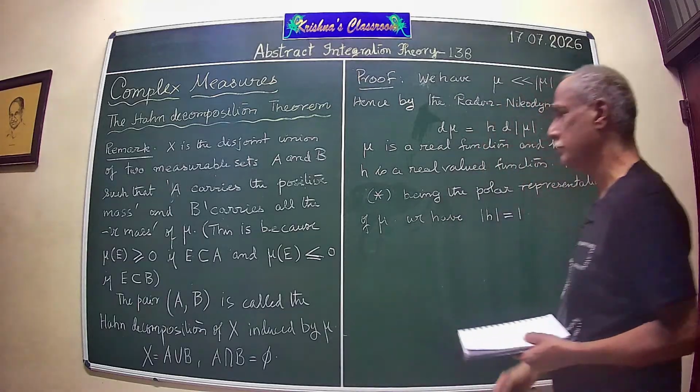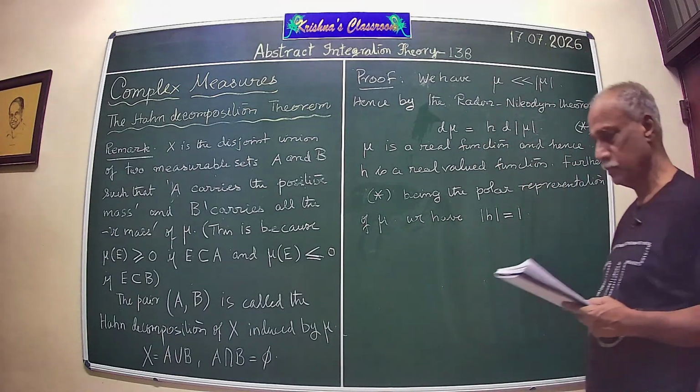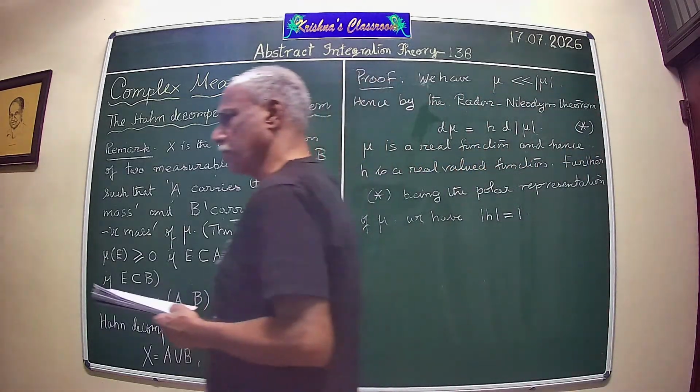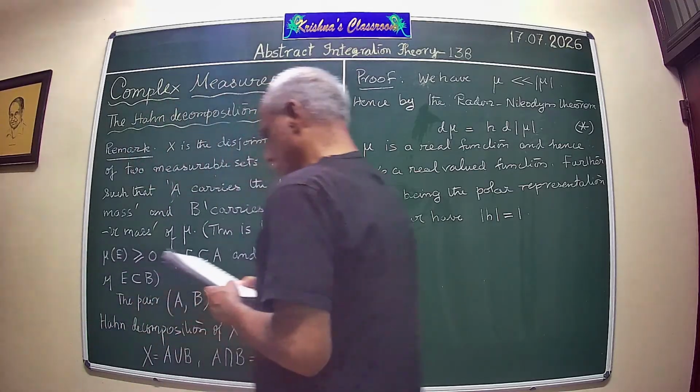Mod h equal to 1. Maybe you will have to redefine it on a set of measure 0.